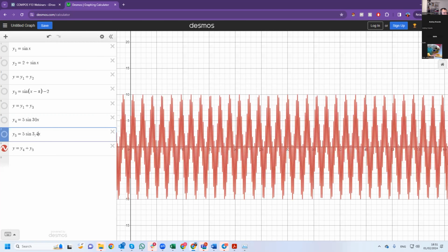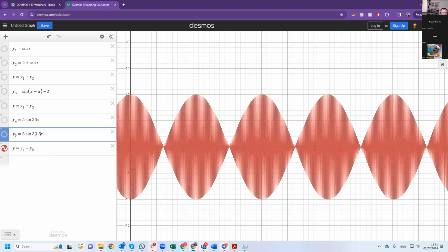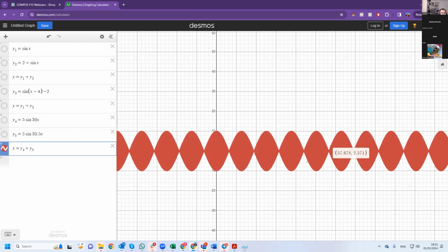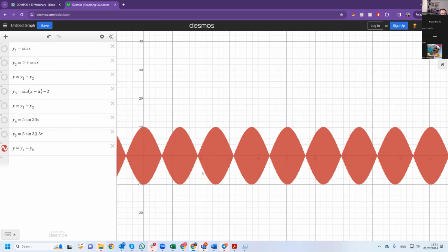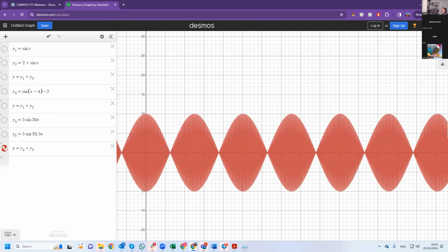And make it 31. 30.5. This is beautiful. So the tunes, tunes, tunes. And very easy to demonstrate.